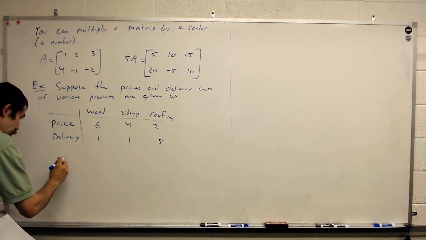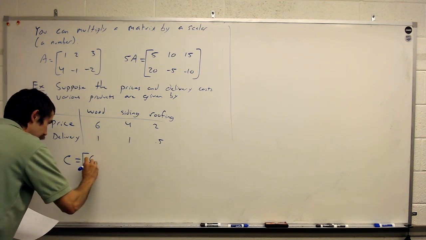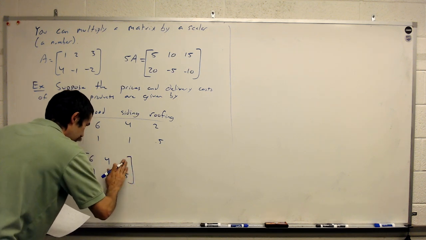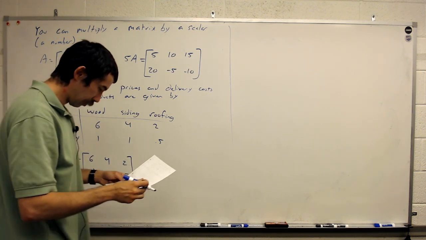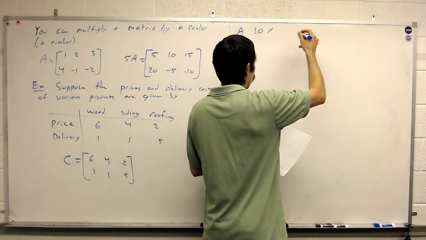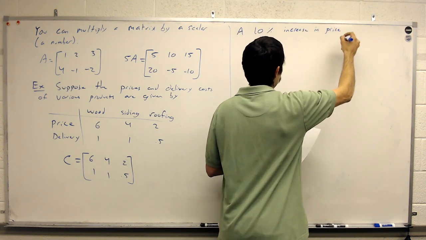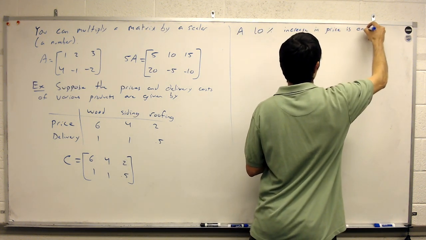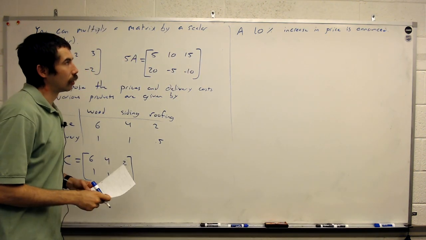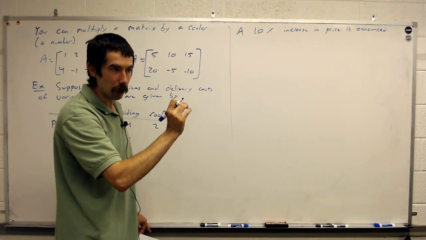All right, so let's write a cost matrix first. So our cost matrix would just be these 6 values, right? 6, 1, 4, 1, 2.5. Okay, so a 10% increase in price is announced. All right, so to get the new cost matrix, a 10% increase is the same thing as multiplying by 1.1.